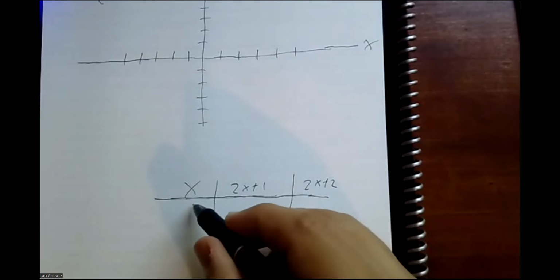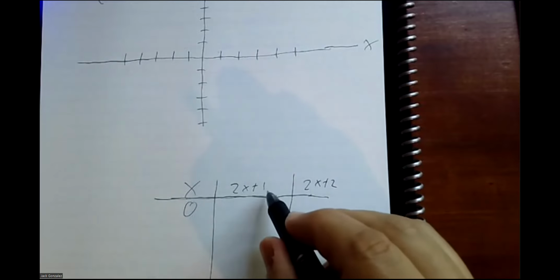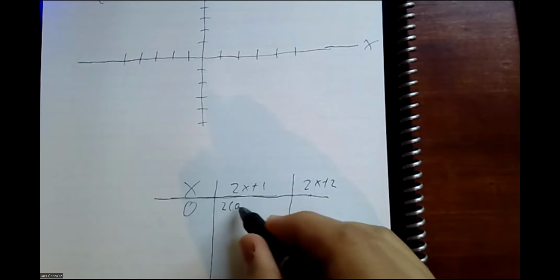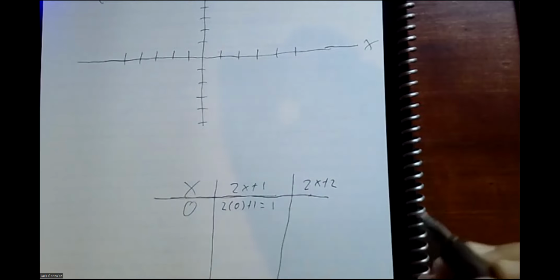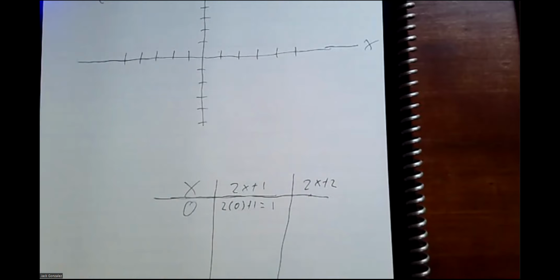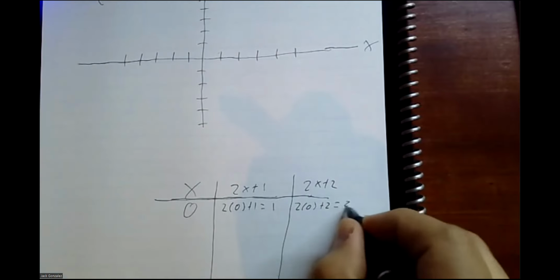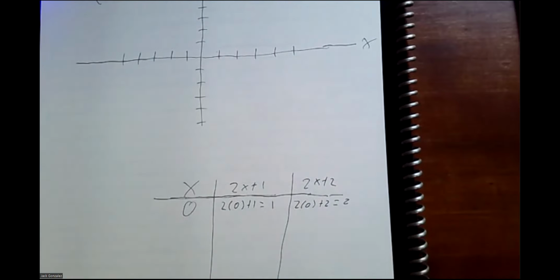If I plug in 0, technically I'm not allowed to plug it in here, but if I did, you notice that you would get 2 times 0 plus 1, which is 1, right? Yes. If I plug it over here, you notice I'm going to get a 2, right? Okay. If I go to that location for 2x plus 1, it would be 0, 1, right?